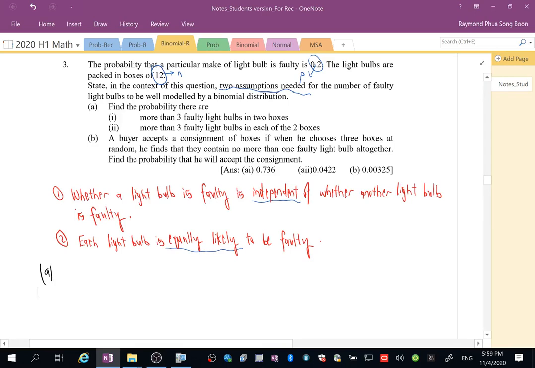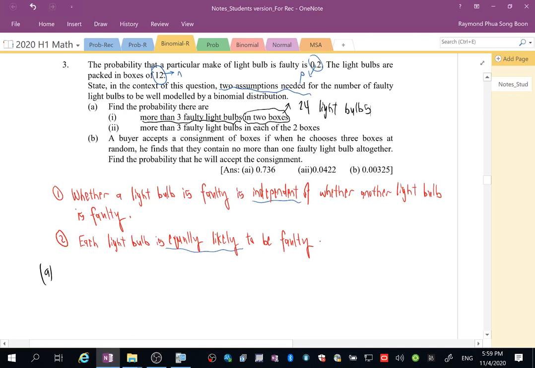Okay, let's do some calculation now. Part A: find the probability that there are more than 3 faulty light bulbs in two boxes. We know that in two boxes, there are a total of 24 light bulbs, because in each box there are 12 light bulbs.